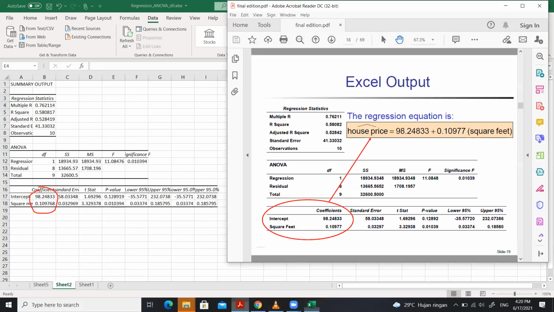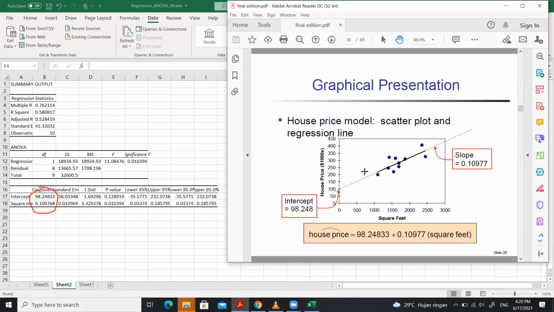This is another way to explain in terms of graphical representation based on this data.